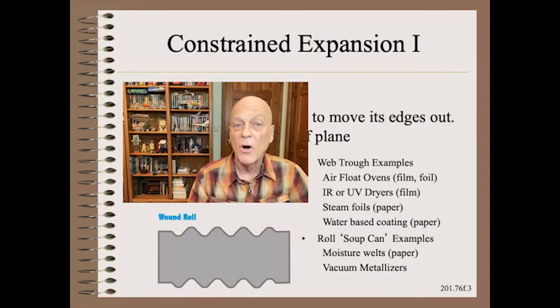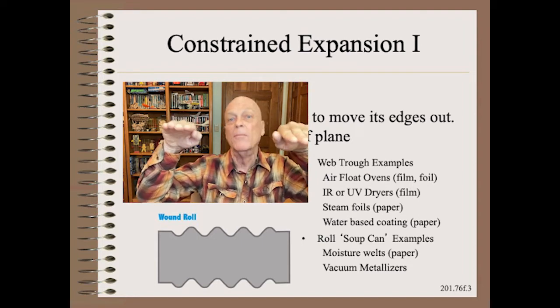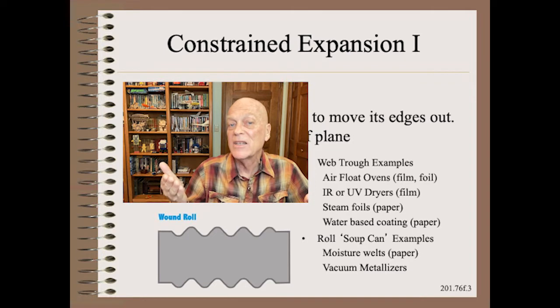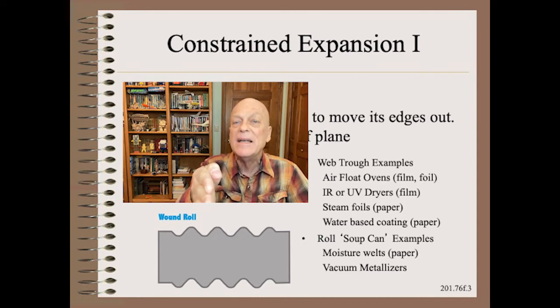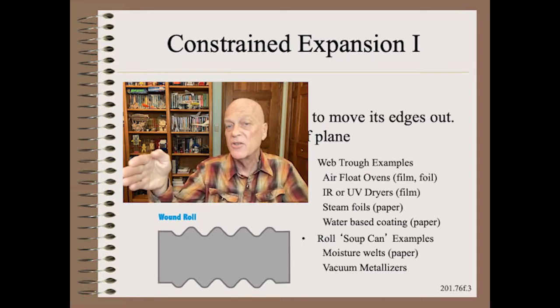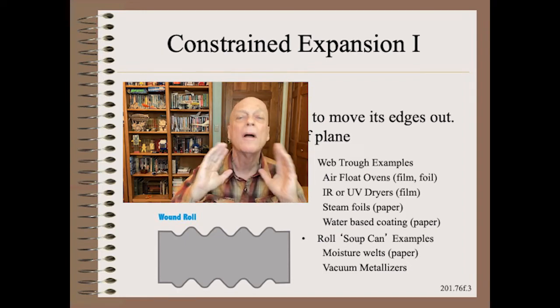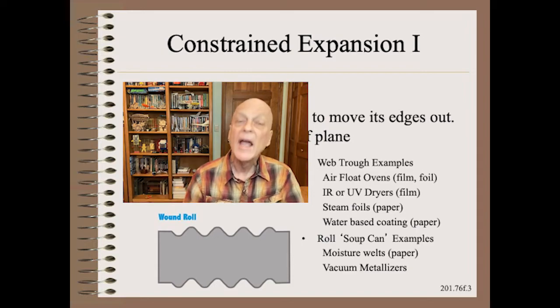On a winding roll, layers underneath will keep outer layers from moving outward. Thus again, any CD expansion is taken as one or more buckles oriented in the MD instead of moving the edges outward. This expansion comes from a large variety of sources, such as heating and coating.